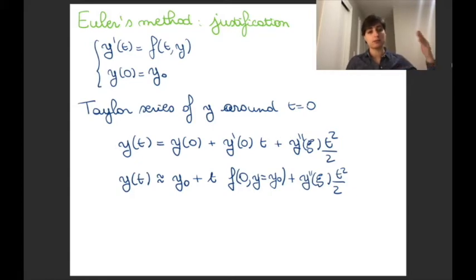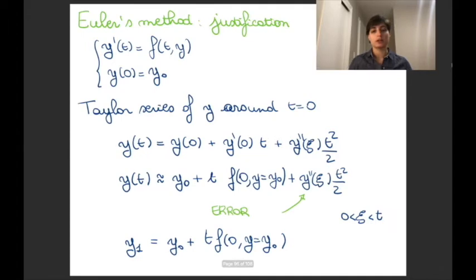we can write that y at time t is equal to y naught, that here is our initial condition, plus t times y prime 0 that we replace by f computed at (0, y naught), plus the second derivative of y computed somewhere in xi. The term y second computed at xi is the error term.